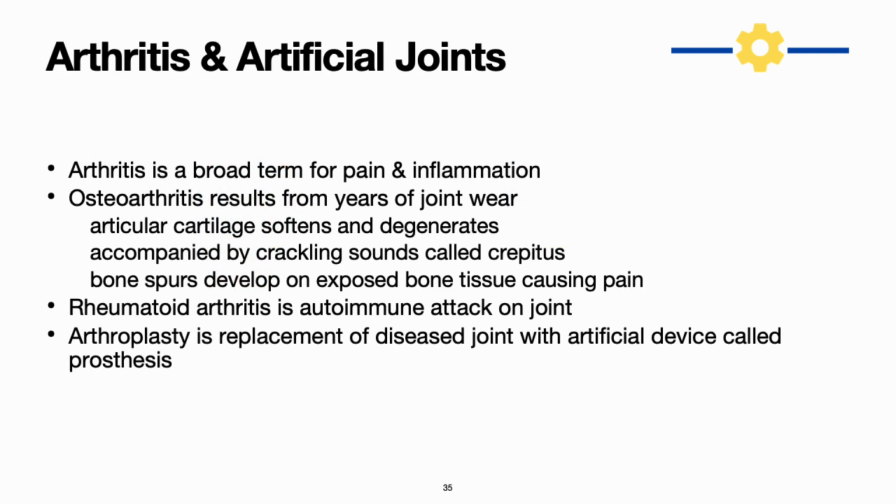Now, obviously, we talked about the structure of our joints. We've talked a bit about range of motion and how these joints move, and then the different types of synovial joints. But one caveat that I want to put out there is our joints and their longevity. Arthritis is inflammation of the joint. So arthritis can be something that is acute or chronic.